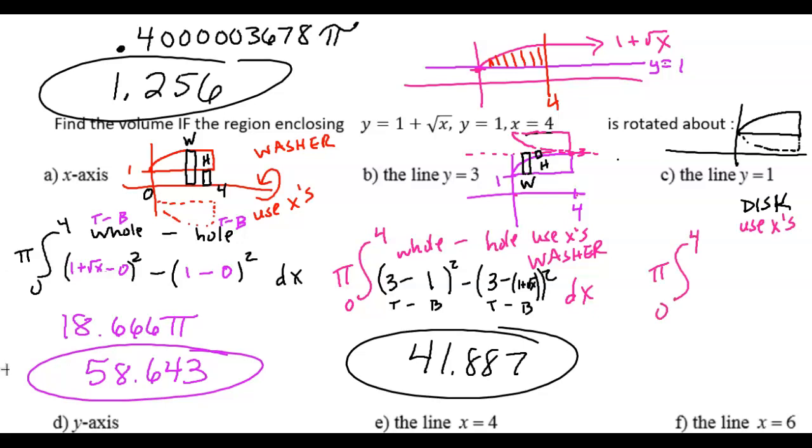We still want to use x limits, but now I'm just going to do the top minus bottom. So it's just the whole part. So the top is the curve minus the bottom is 1 squared, and it's still dx.